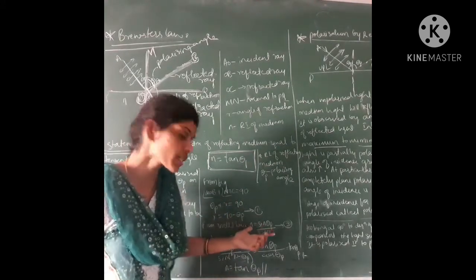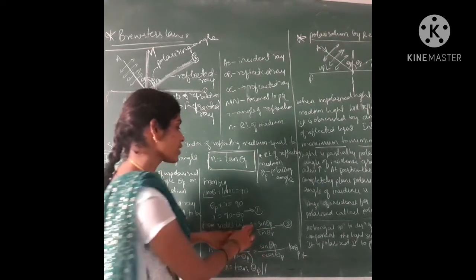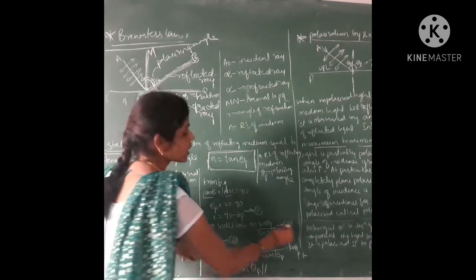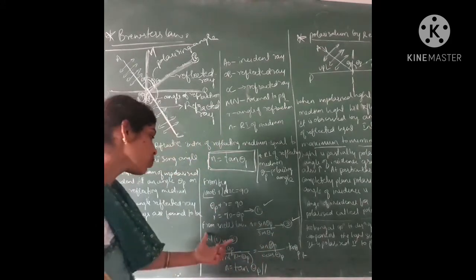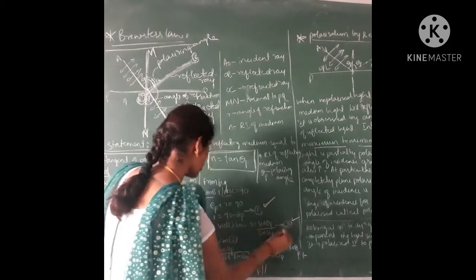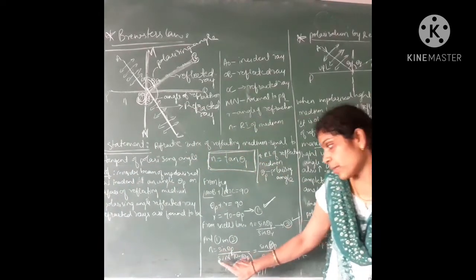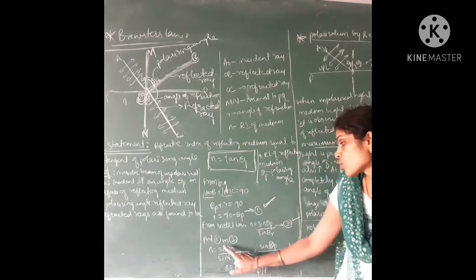We know from Snell's law that the refractive index is given by n equals sin theta p divided by sin theta r. We consider this as equation 2. Putting equation 1 in equation 2, we get n equals sin theta p divided by sin of 90 minus theta p.